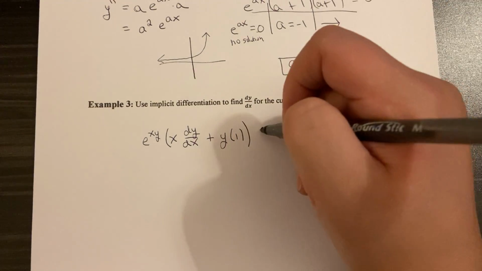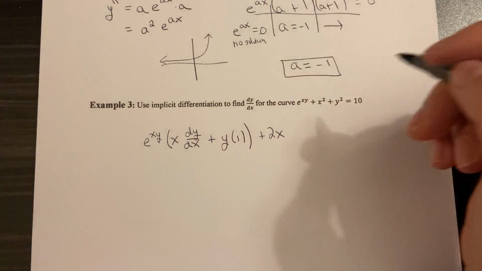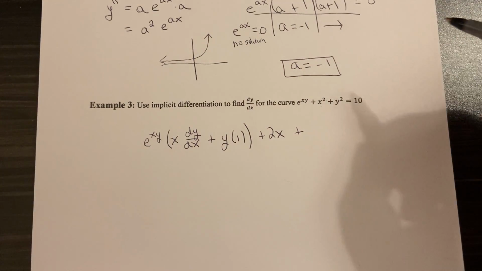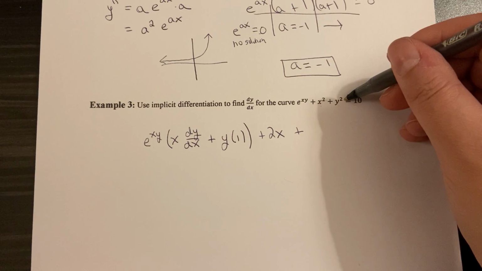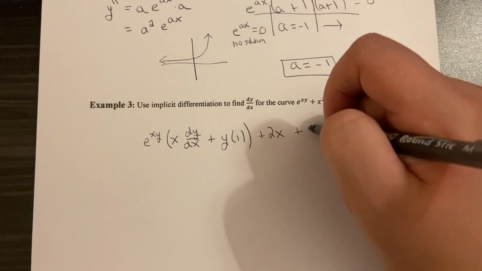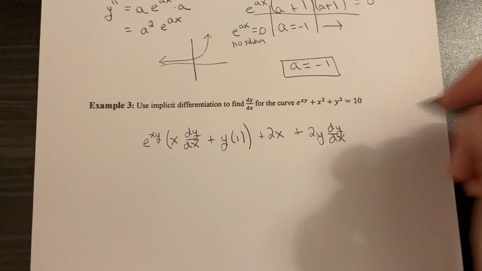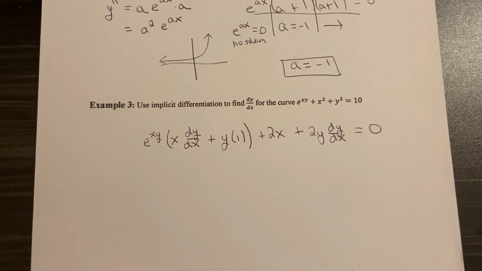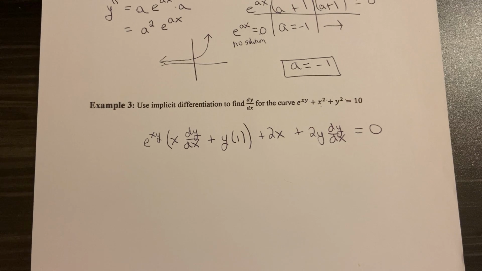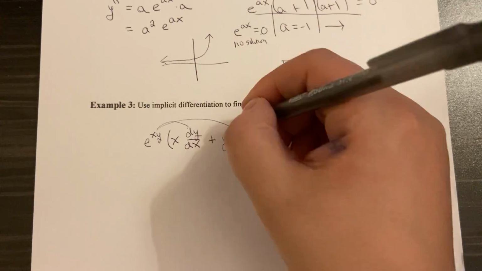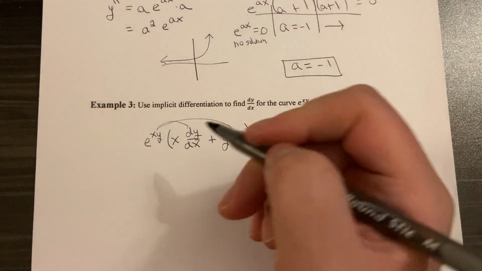Derivative of x squared is 2x. We're still doing this in terms of x, so I don't have to do a dy/dx or anything. Derivative of y squared is 2y dy/dx. And derivative of 10 is 0. Okay, so then I'm just going to simplify all this. I'm going to distribute and write what that would be.